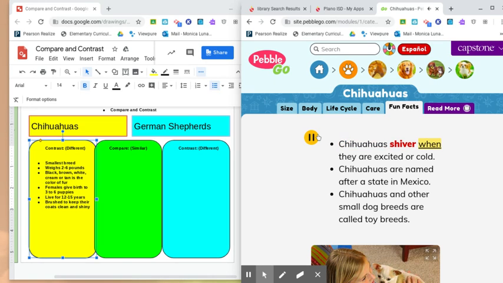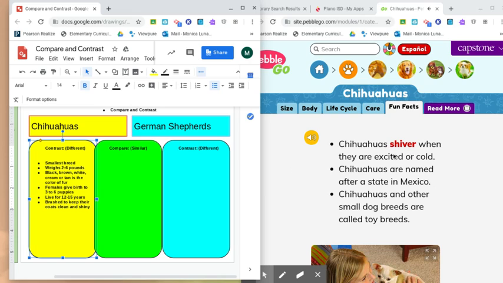Chihuahuas shiver when they are excited or cold. Chihuahuas are named after a state in Mexico. Chihuahuas and other small dog breeds are called toy breeds. Okay, so I'm gonna pick that Chihuahuas are named after a state in Mexico called Chihuahua, right?